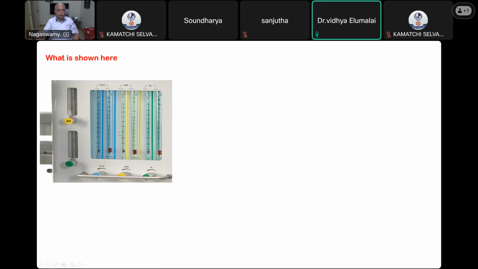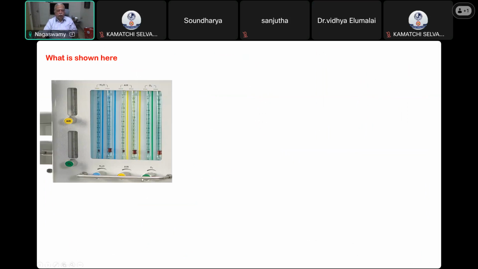It has separate flow meters for auxiliary oxygen and air, and twin flow tubes for all the 3 gases. Plus the knobs are protected by a rod here to prevent accidental movement of the knobs to alter the pressure.